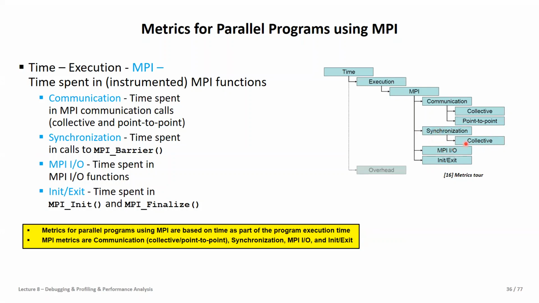And the MPI IO, if you remember, for addressing data, also contributes to the overall execution time of your MPI application, including the overhead of init and exit of MPI as well. That is also something to measure.